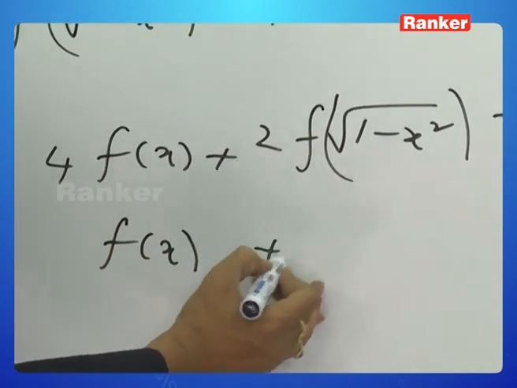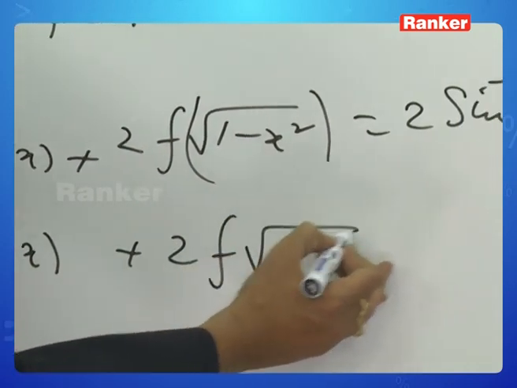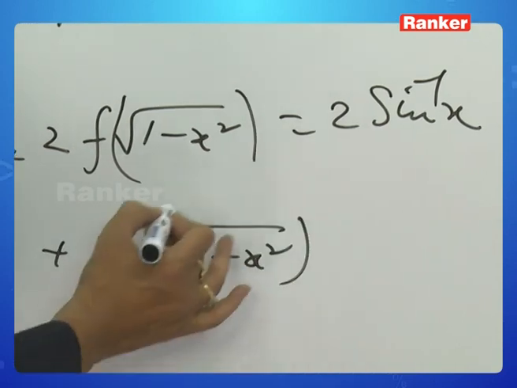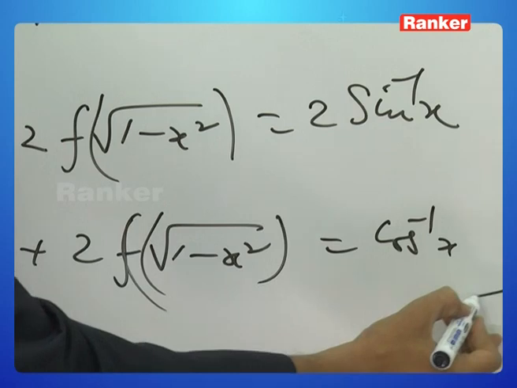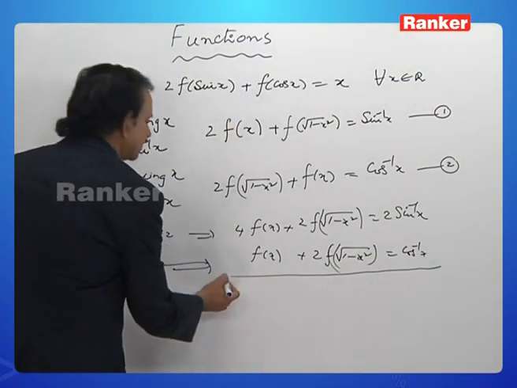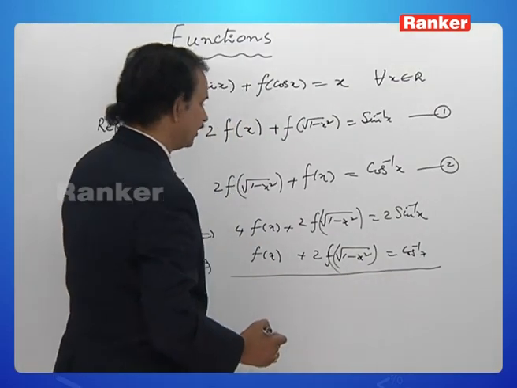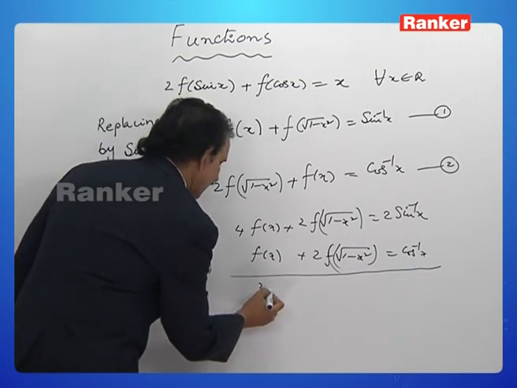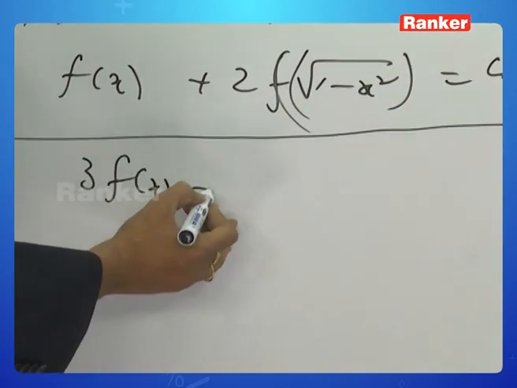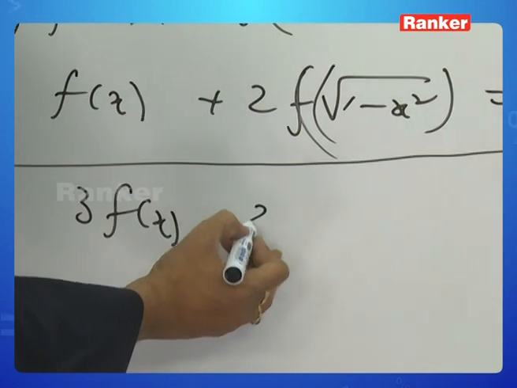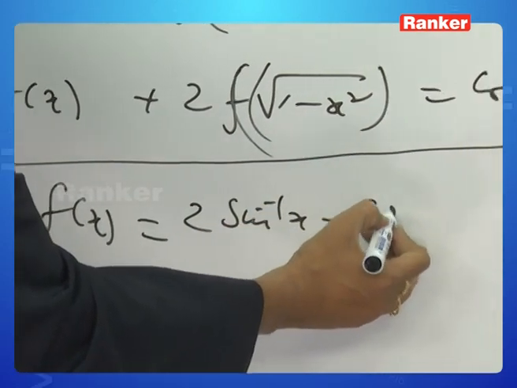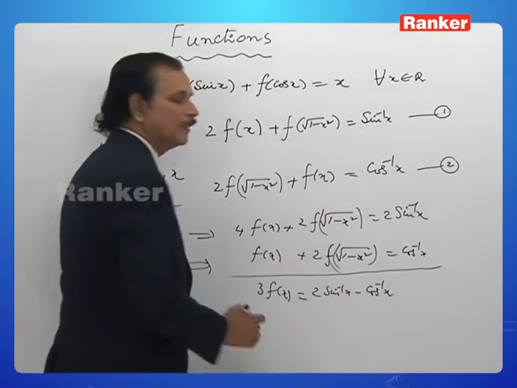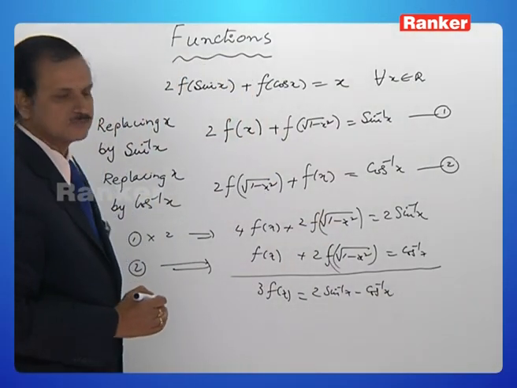F of x plus 2 into f of root 1 minus x square is equal to cos inverse x. Let us subtract this from this equation. What are you going to have? 3 into f of x is equal to 2 sin inverse x minus cos inverse x.